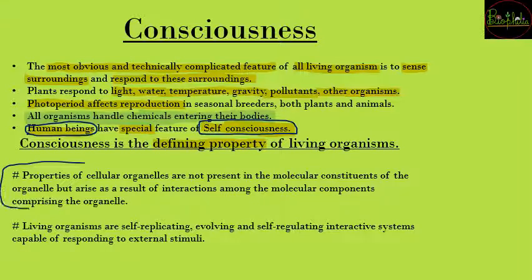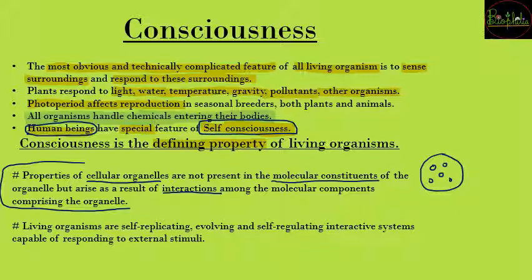अब यहाँ पे एक बहुत important statement है. The statement I would like to read for you. That is, properties of cellular organelles are not present in the molecular constituents of the organelle, but arise as a result of interactions among the molecular components comprising the organelle. अब इसका क्या मीनिंग होता है शॉर्ट में? That is, whatever molecules are present inside the organelle, they are going to be interacting together, and because of the interaction there is going to be a formation of new function.